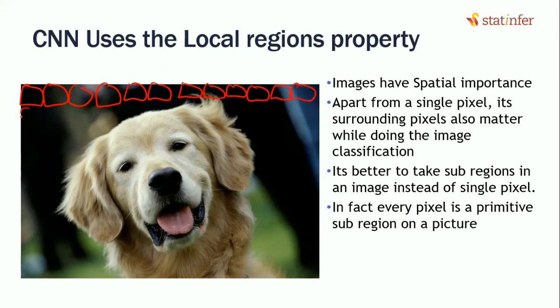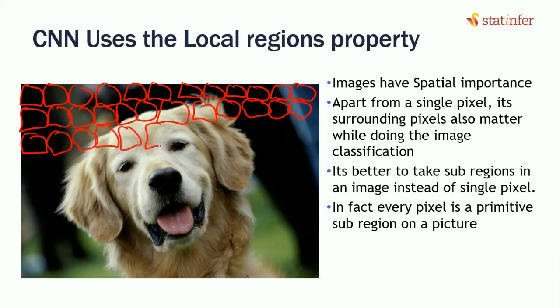If, instead of taking a pixel, you take these subregions and carry forward, then the local correlation will be kept intact. Somehow, using a new method that we are going to discuss, CNN will carry the information related to subregions.